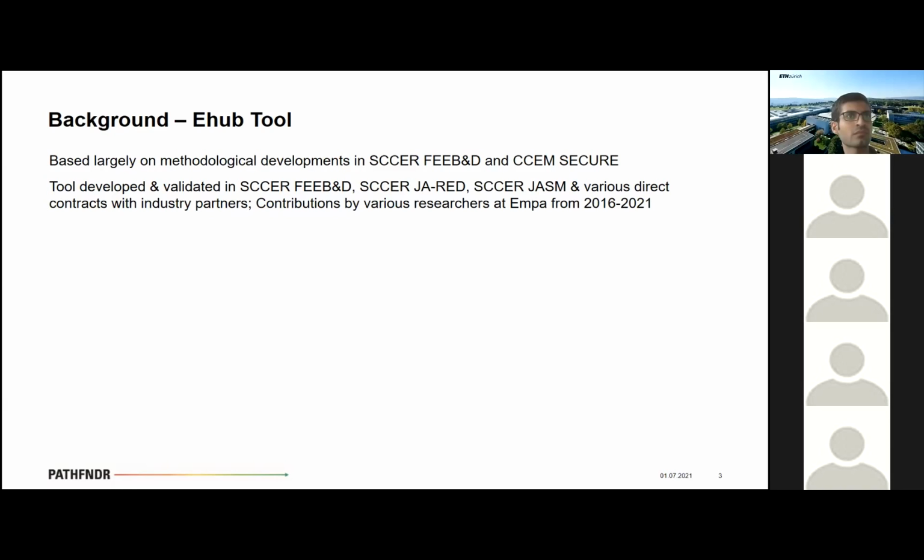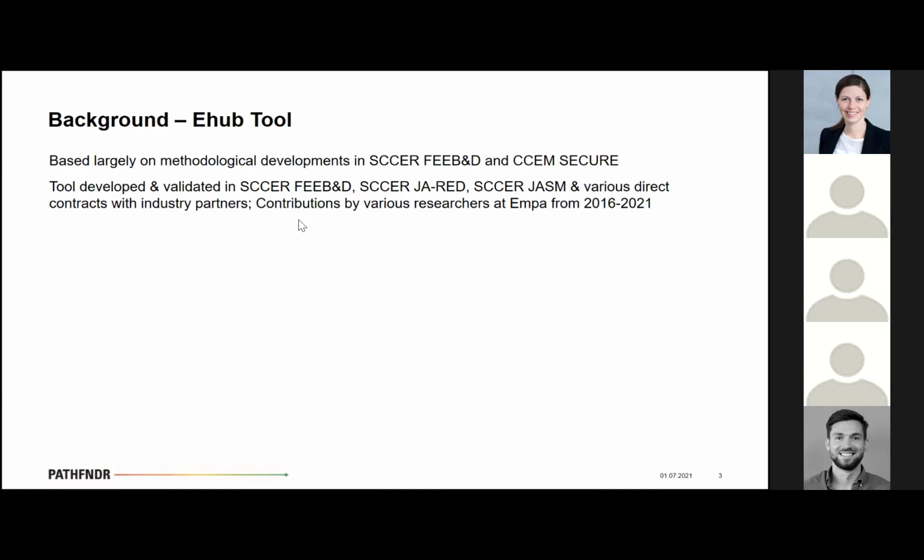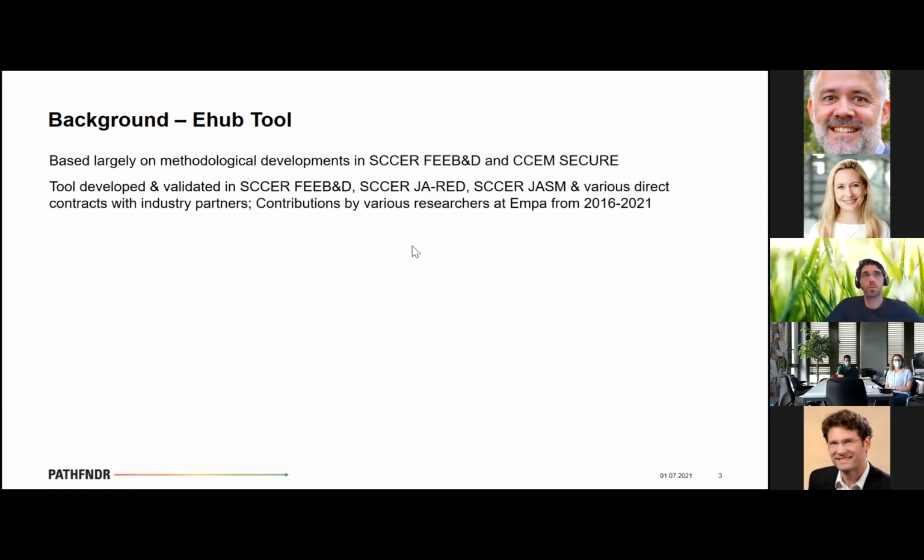The tool itself started in the SCCER PATHFNDR project, was further developed in some of the SCCER joint activities, and was validated and developed in various direct contracts with industry partners where we applied the tool to neighborhood and district level case studies. The tool was developed by various researchers at EMPA over the period 2016 to 2021. It's still in active development today.